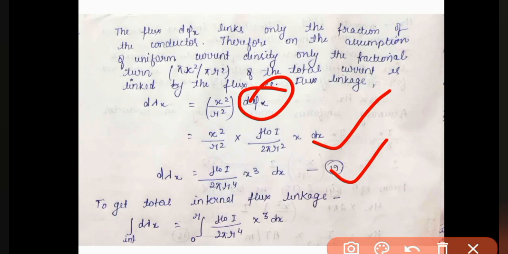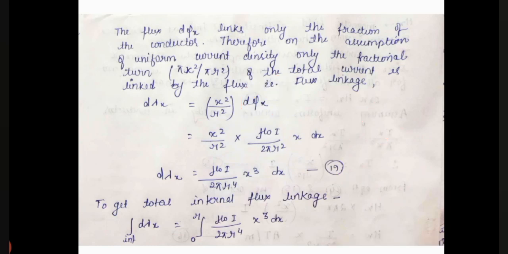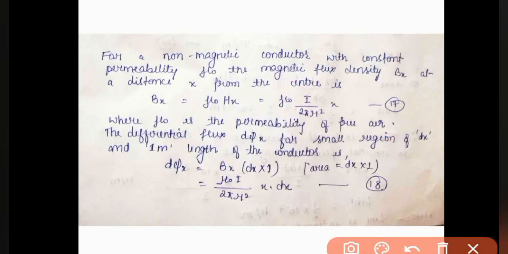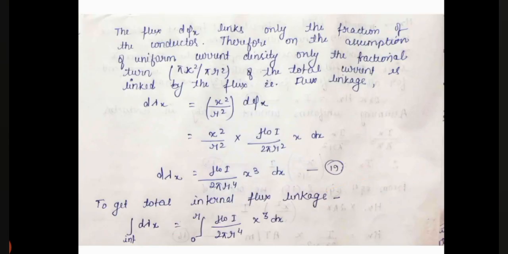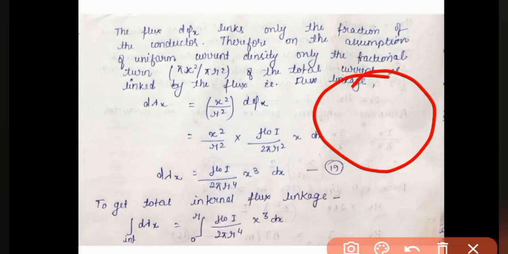Now to get the total internal flux linkage we have to integrate both sides. So by integrating both sides from 0 to R. How 0 to R? This is the conductor, and from 0 to R we want to get the total internal flux linkage.